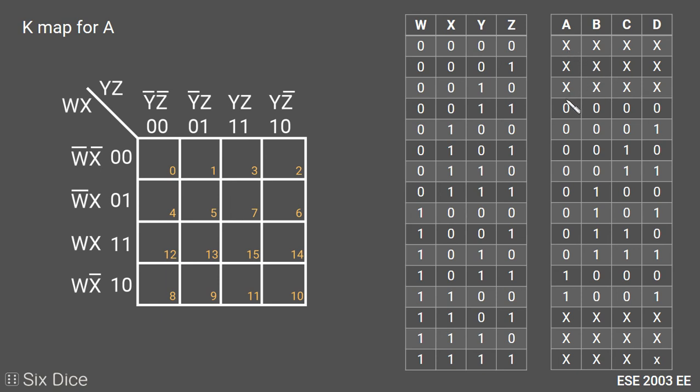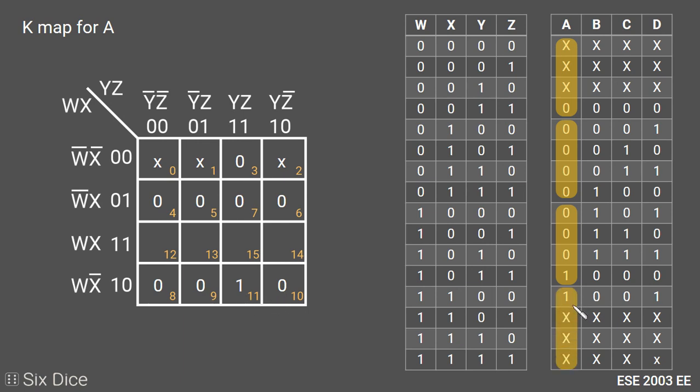Lastly, we will make a K-map for A. The first 4 values are don't care, don't care, don't care and 0. The next 4 values are all 0. The next 4 values are 0, 0, 0, 1. The last 4 values are 1, don't care, don't care. Here we can make a pair with cells 15 and 11, and a quad with the use of don't care conditions covering the third row completely.